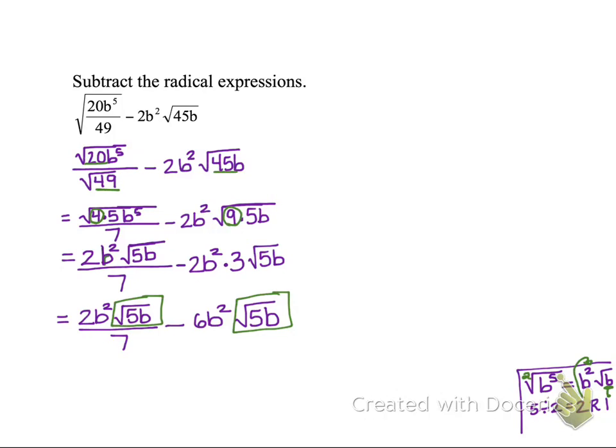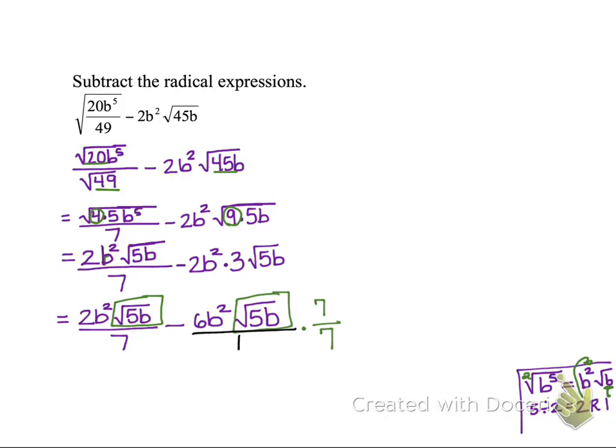So I need to combine like terms. But the problem is this first term has a denominator of 7, whereas this second term does not, so I'm going to write it as having a denominator of 1. In order to combine like terms, I need these to have a common denominator. So I'm going to multiply that second fraction by 7 over 7.